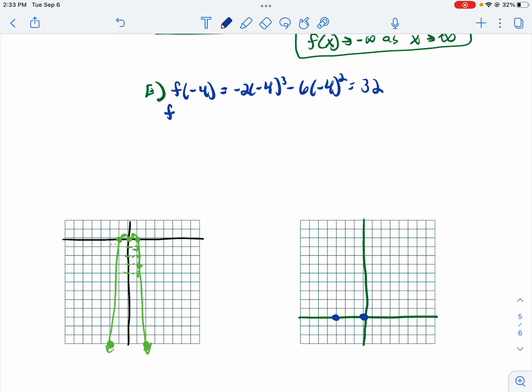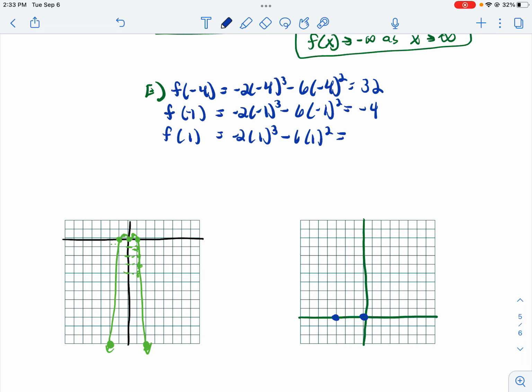Then something between negative 3 and 0. I chose negative 1, you could have chosen something else, and I got negative 4. And then something greater than 0, I chose 1, and I got negative 8.